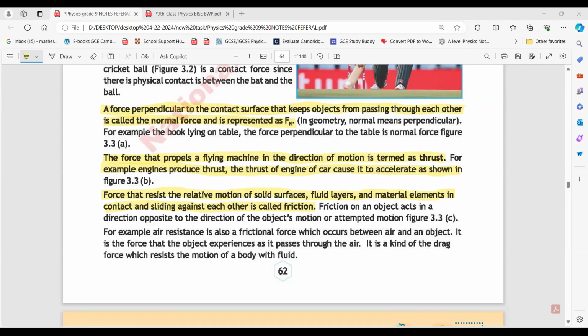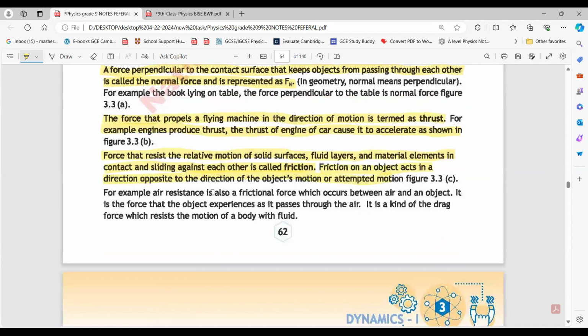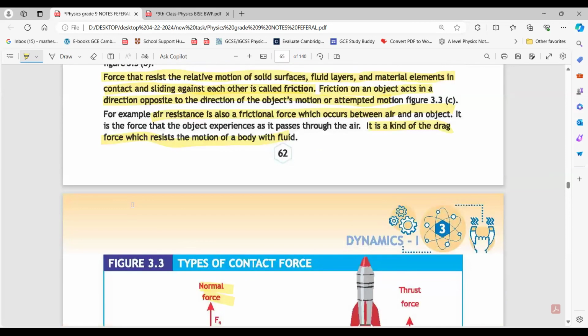The resistive force that acts in the opposite direction of motion is known as friction. To explain further, friction of an object acts in the direction opposite to the direction of the object's motion. Here, air resistance is also called frictional force which occurs between air and object, which we also called drag force. Look, it is written here. It is called a drag force which resists the motion of the body with the fluids.